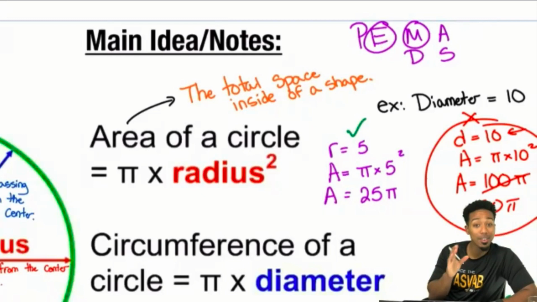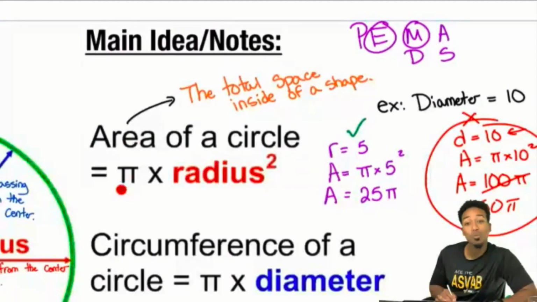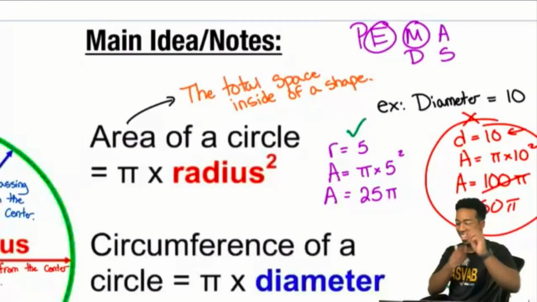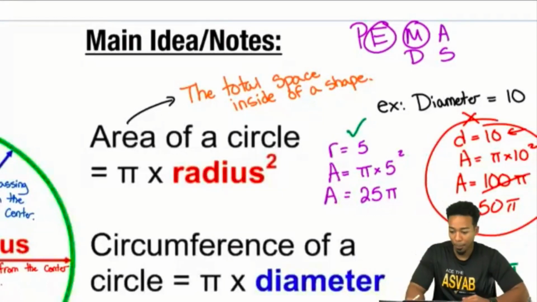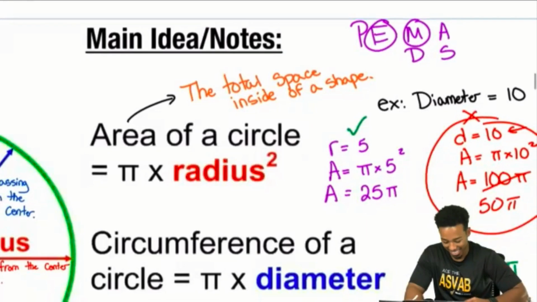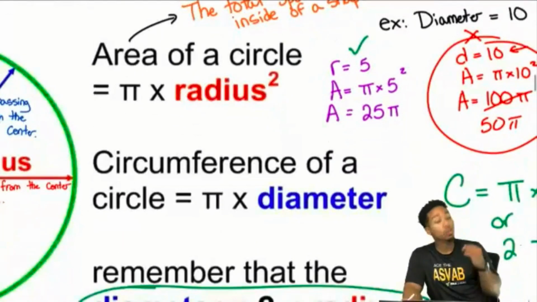So no matter what, you're always doing the radius squared first, and then you're multiplying by pi. Always square first, and then you perform your multiplication. Exactly. Please excuse my dear Aunt Sally. Exactly.